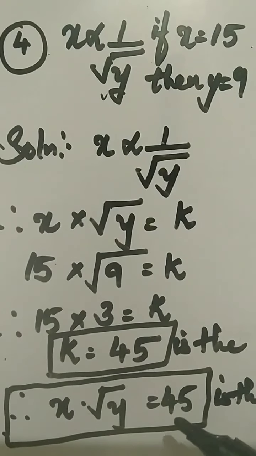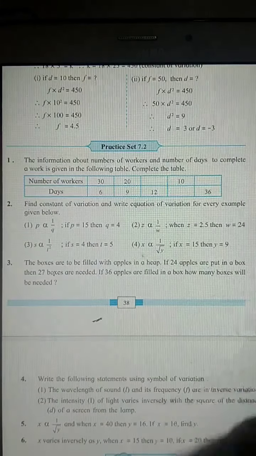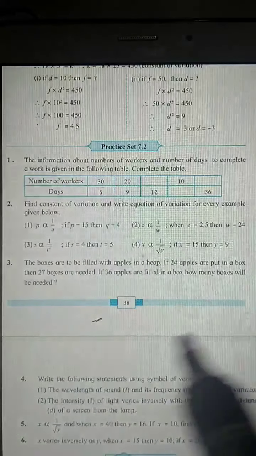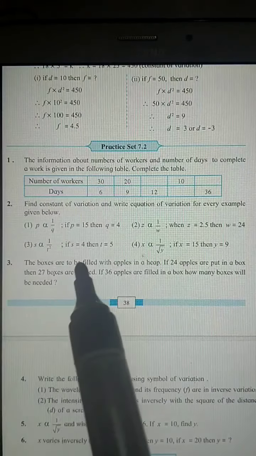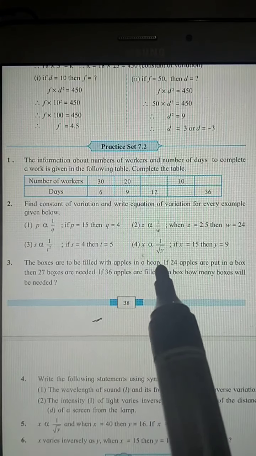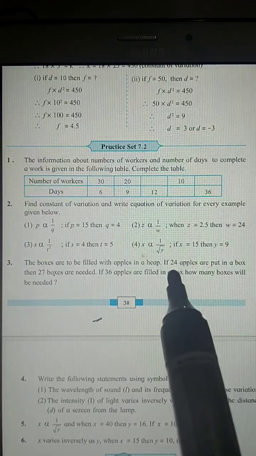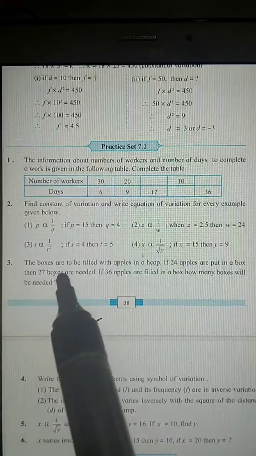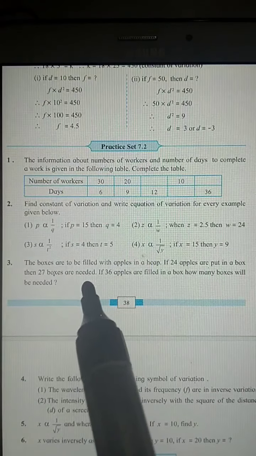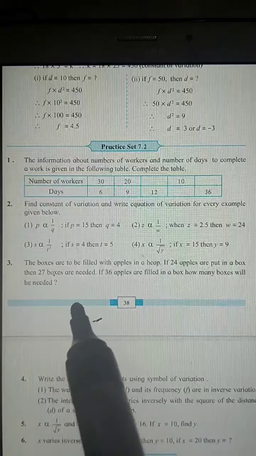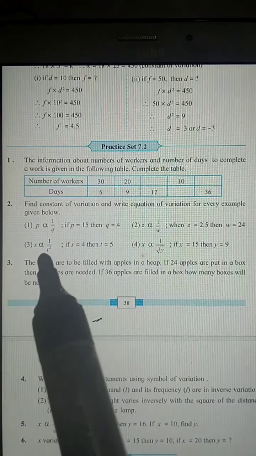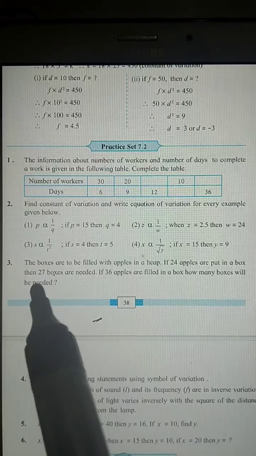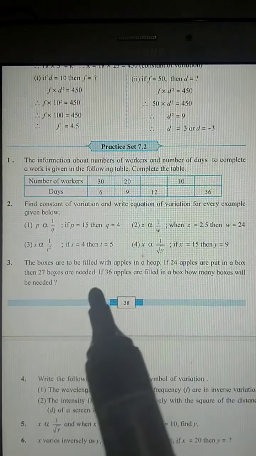So now let's go on to the next sum. Okay, now see the next word problem. The boxes are to be filled with apples in a heap. If 24 apples are put in a box, then 27 boxes are needed. Means there are boxes, and in those boxes you have to fill the apples. There are a variety of boxes.